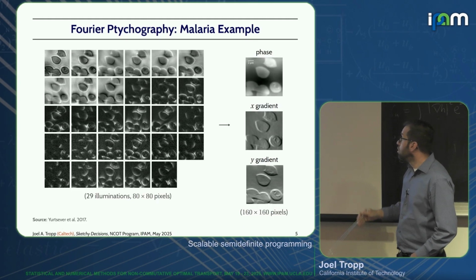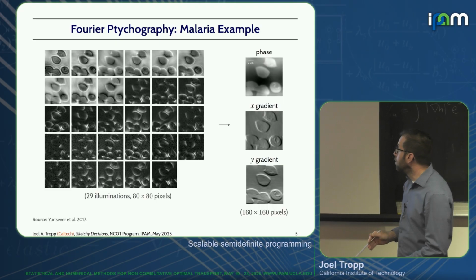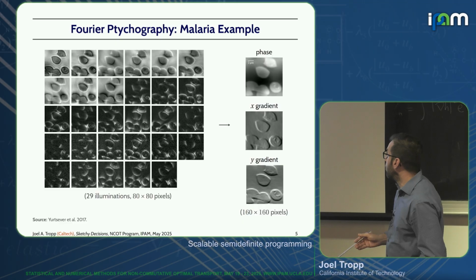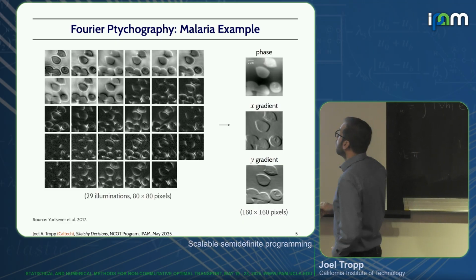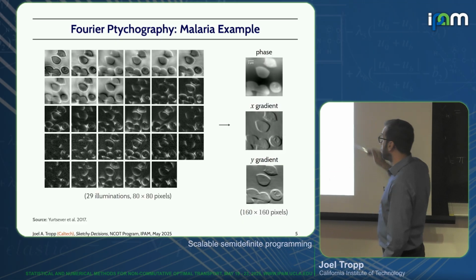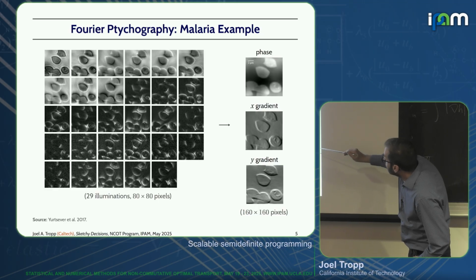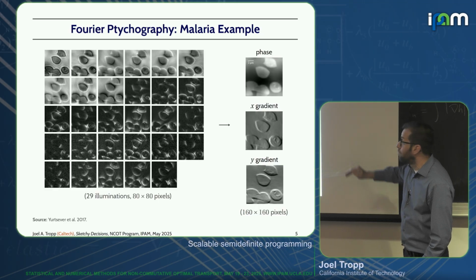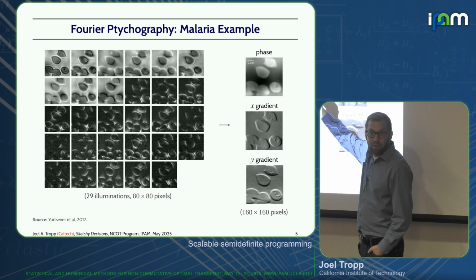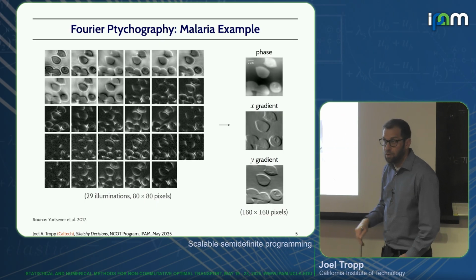They're 160 by 160, and you can see they're much higher resolution than the things we collected. So the idea here is that by using an intelligent instrument coupled with computation, we can inexpensively collect low-resolution images and process them to produce high-resolution images. And you can see here in this cell, this ring is evidence that these cells are infected with malaria. Whereas it's maybe a little bit hard to tell in these low-resolution images whether the rings are simply artifacts or whether they're actually evidence of an infection.